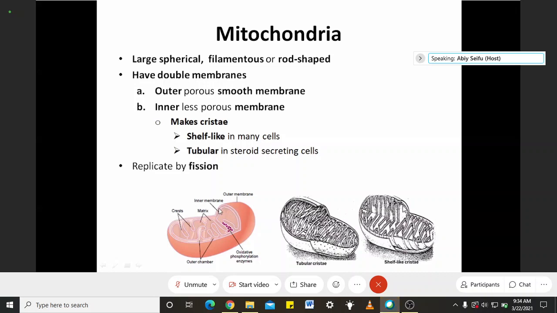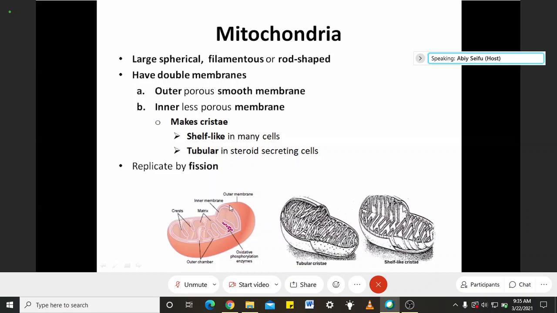When we look at the outer membrane, it is smooth throughout. It doesn't fold. If it is spherical, it just remains spherical. If it is rod-shaped, it just remains rod-shaped. And it is porous. Substance transportation across this outer membrane is faster.